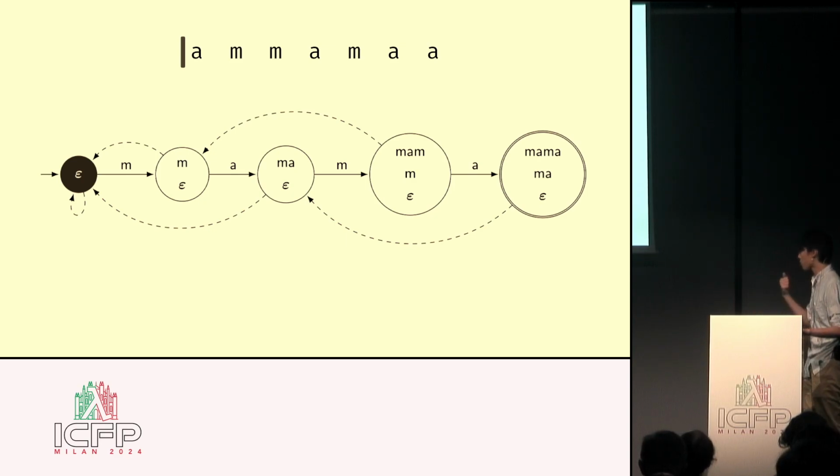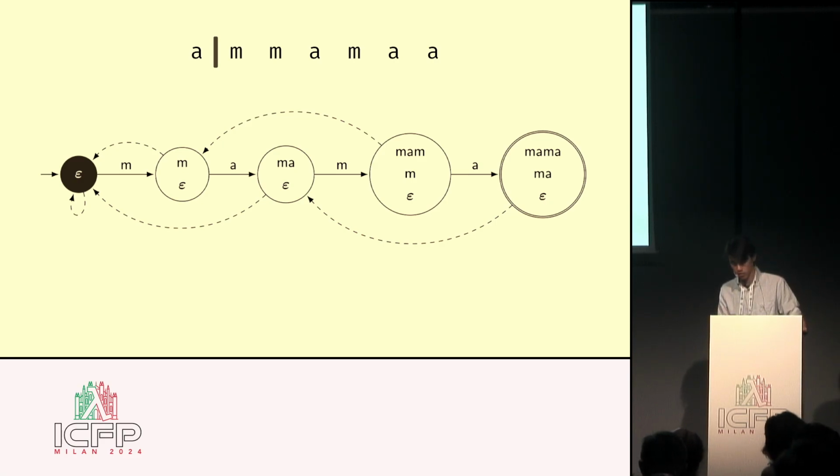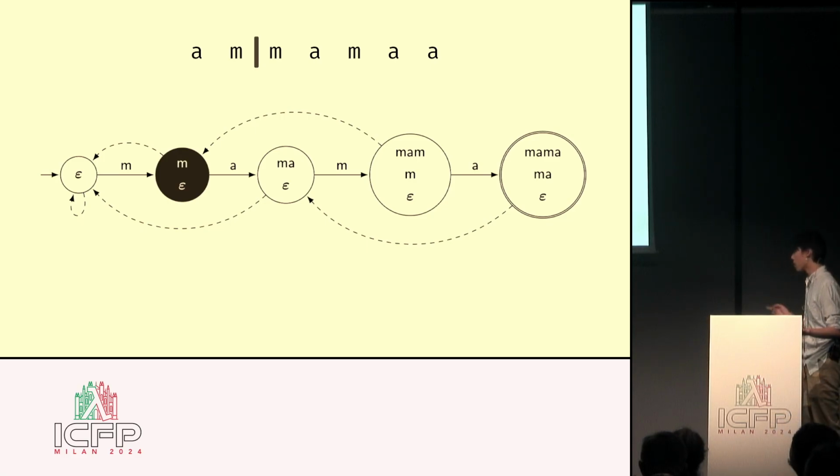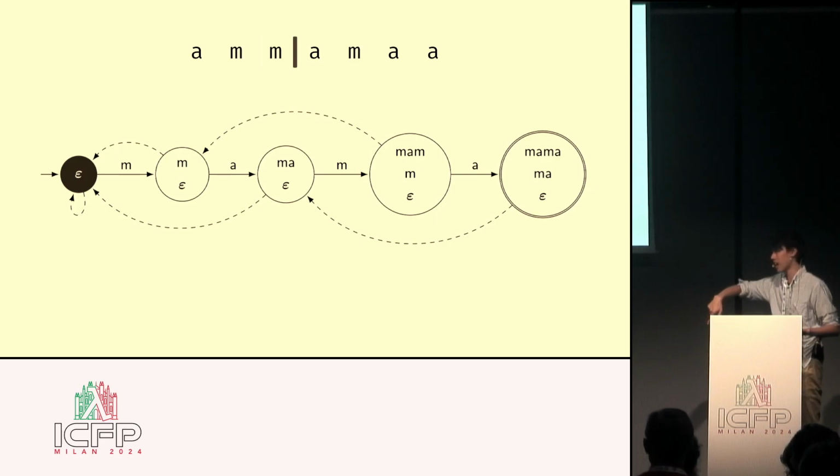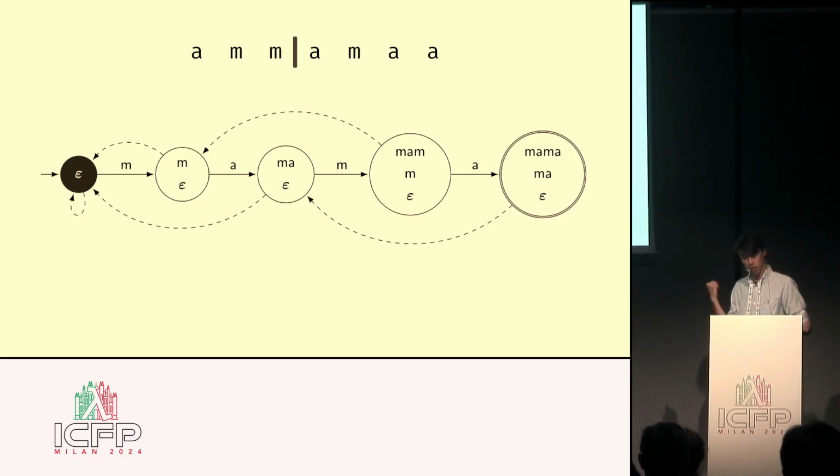So let me just go through that process on our example text. So we see an A, we don't move. We stay in the same place. We see an M, we go forward one. That was a successful transition. We see an M, that's going to be a failed transition. So we're going to go backwards along the dashed edge. But like I said, when you go backwards, you don't consume input. You're going to try again. So we're still at M, so we have a successful transition now, and we go forward.